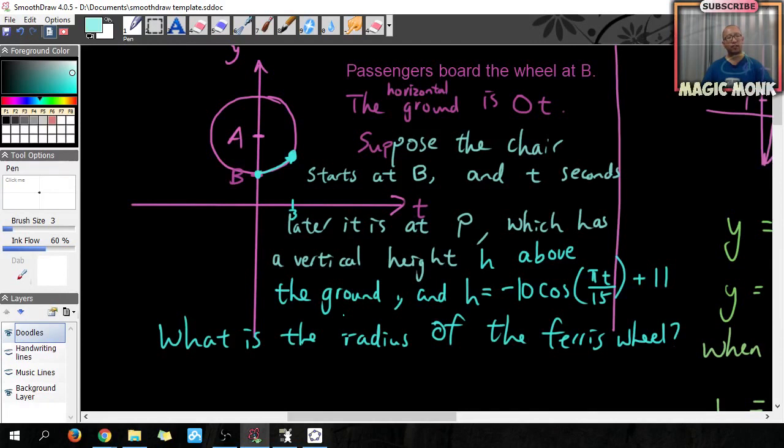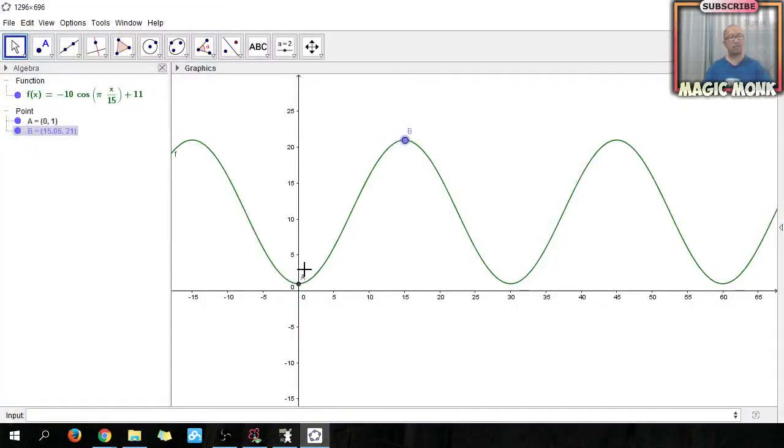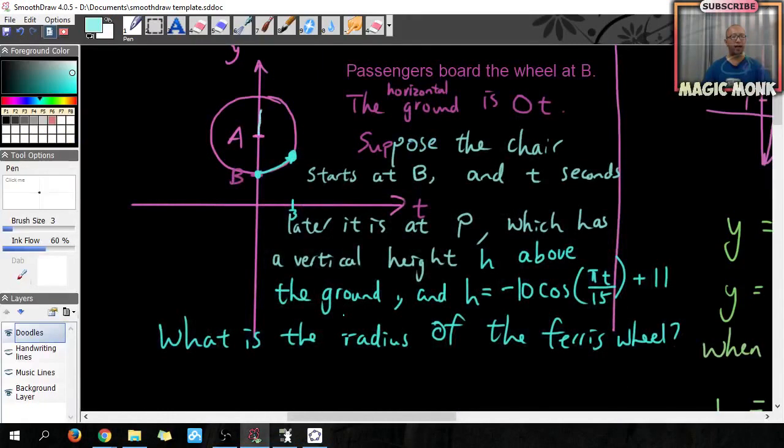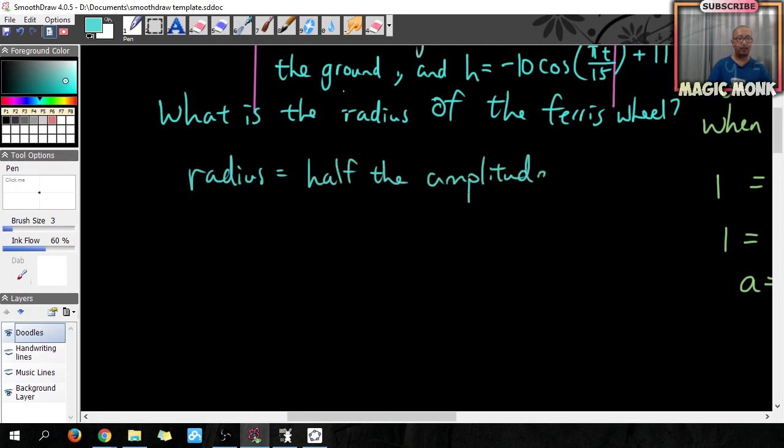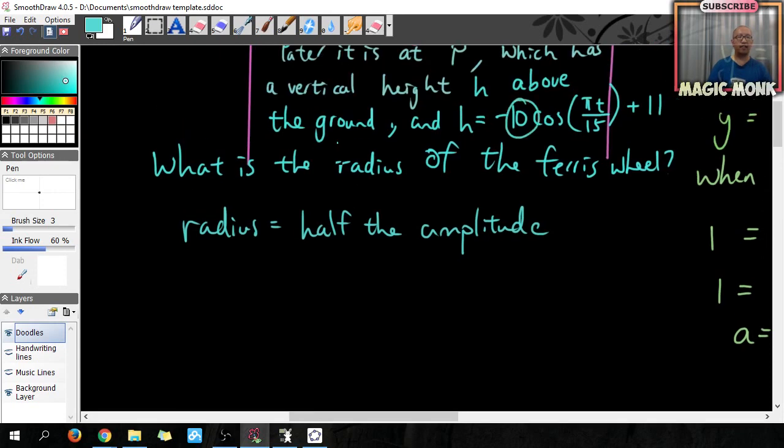So if your height keeps going up and down, and it's a circle, that means the radius must be halfway between the highest point and the lowest point. So the radius is the amplitude, and the amplitude is 10.